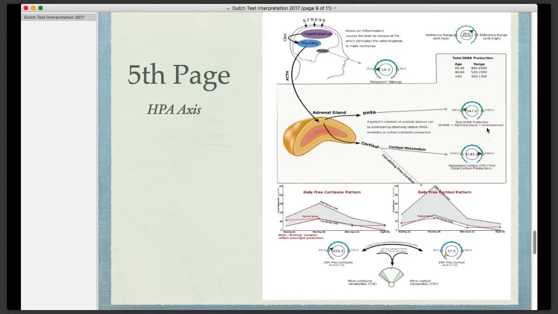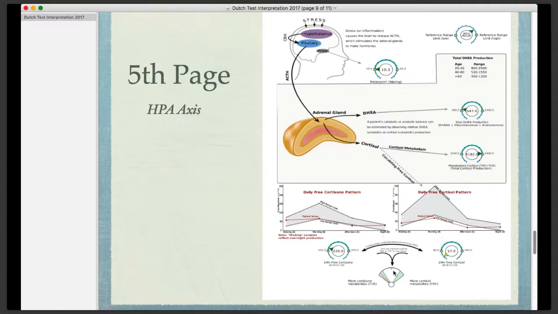There's so much information here. You can just see what is out of balance and then figure out how to get it more in balance. Another thing that's cool here is that it shows the cortisone levels versus the cortisol levels. For this person, the cortisone levels are a little bit higher than the cortisol levels, so the body has a tendency to make cortisone.